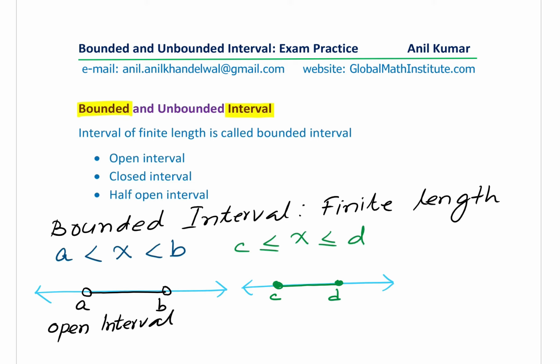Right? So this is also referred to as closed interval. Correct? Now, in interval notation, we could give intervals in terms of these signs, which are in terms of inequalities.